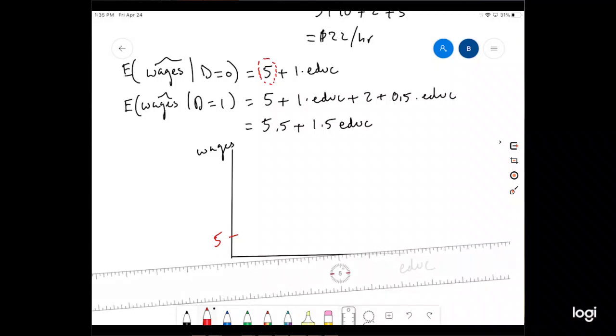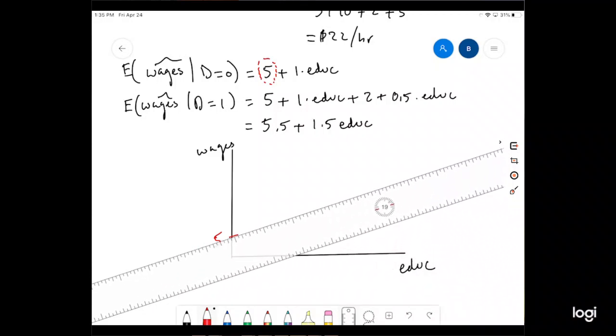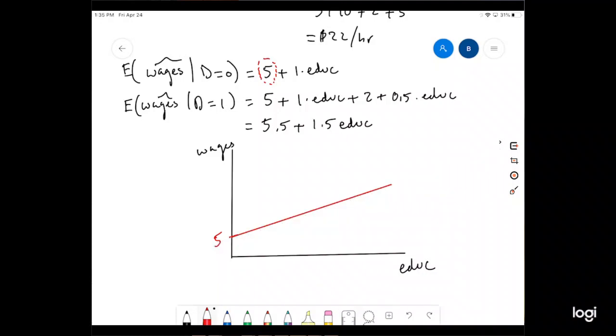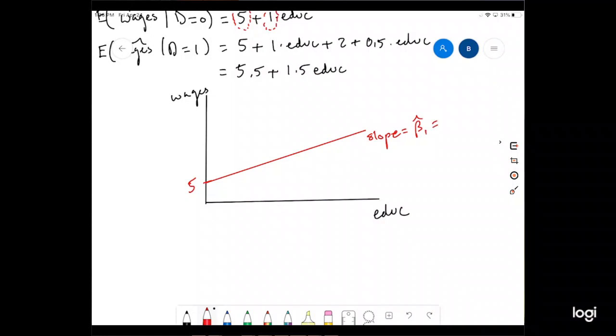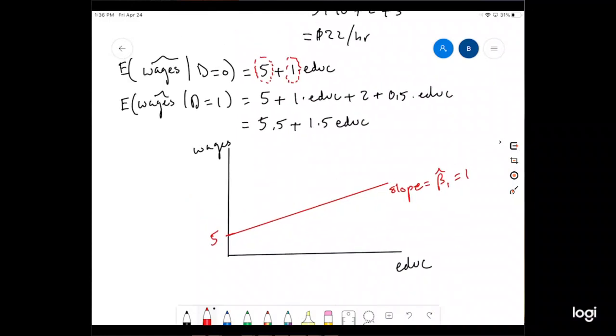Doesn't really matter so much how I do this. Let's say that's a slope of 1. Now let's do the male line. So first of all, let me write this out. The slope is equal to beta hat 1, which is equal to 1. Intercept is beta hat 0, which is equal to 5.